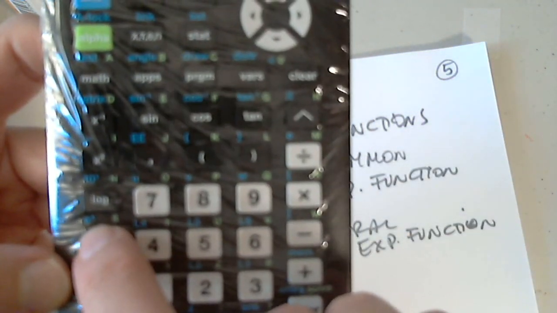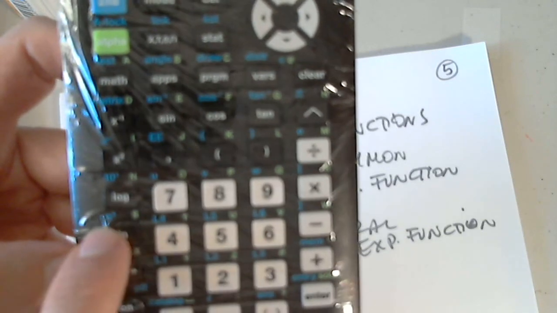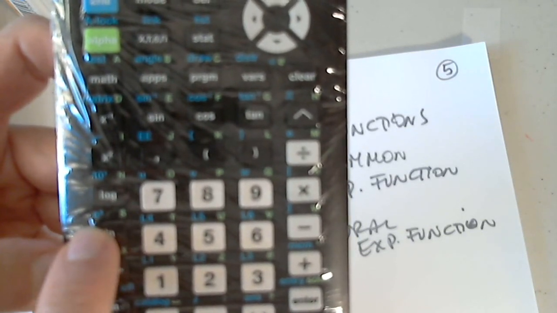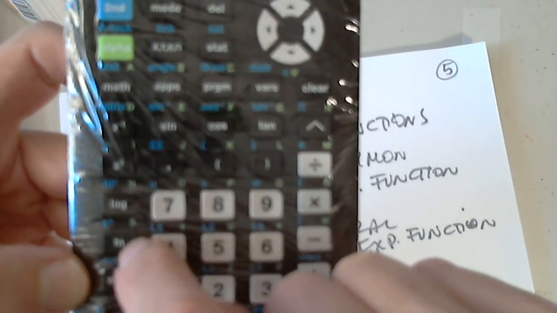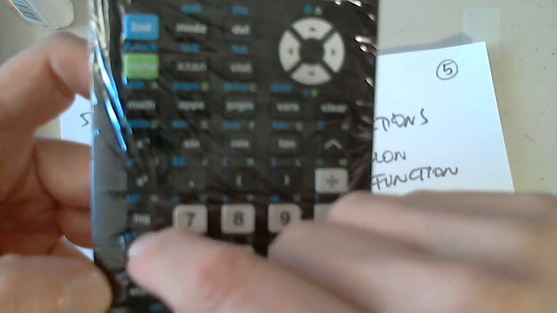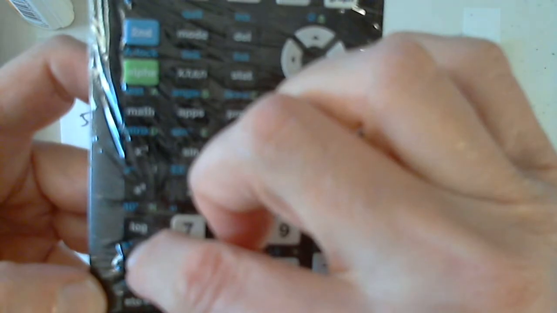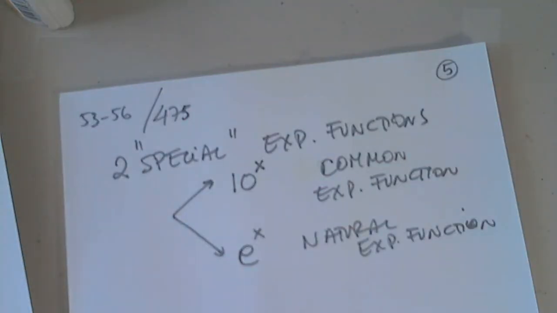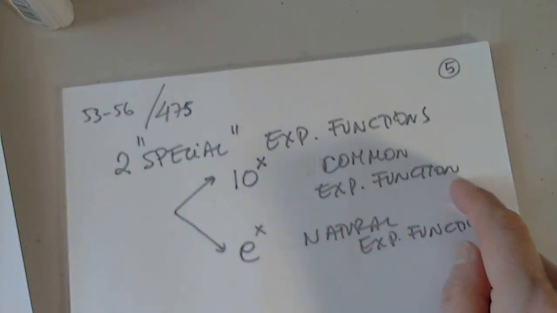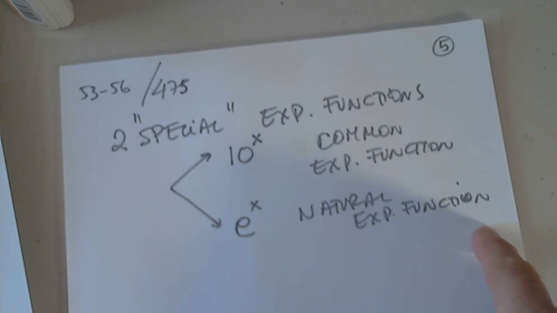And the next one down from 10 to the x is e to the x. It's where the key is ln, and in the background is e to the x, which will be activated with the second key. The common exponential function and natural exponential function. Okay.